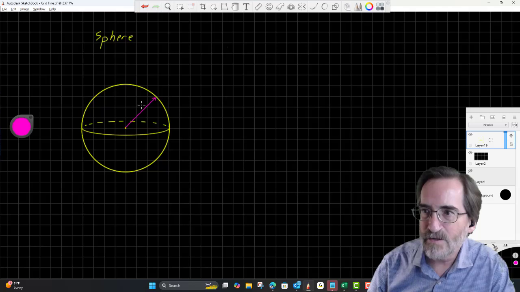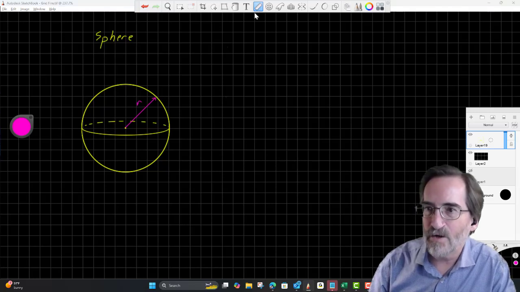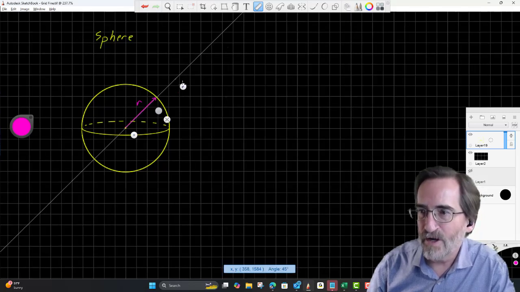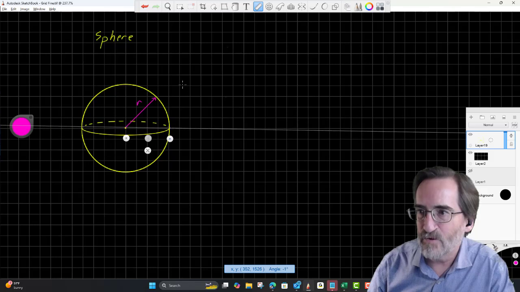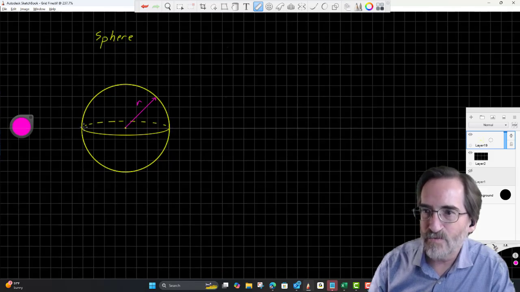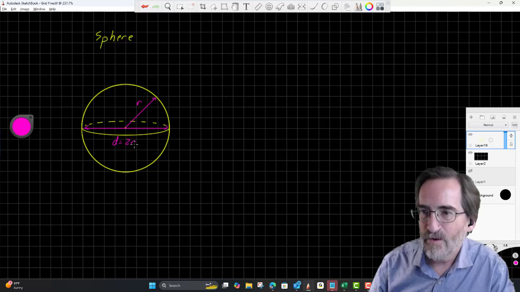So the radius is here, but the diameter is all the way across. And you should know that the diameter, dia being through, meter being measure, is twice the radius. So the diameter is twice the radius. The diameter equals 2r. Okay.